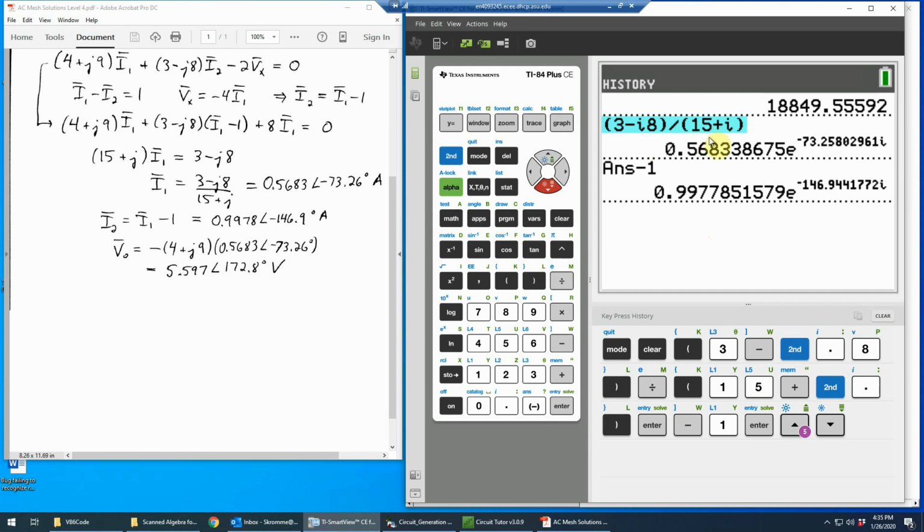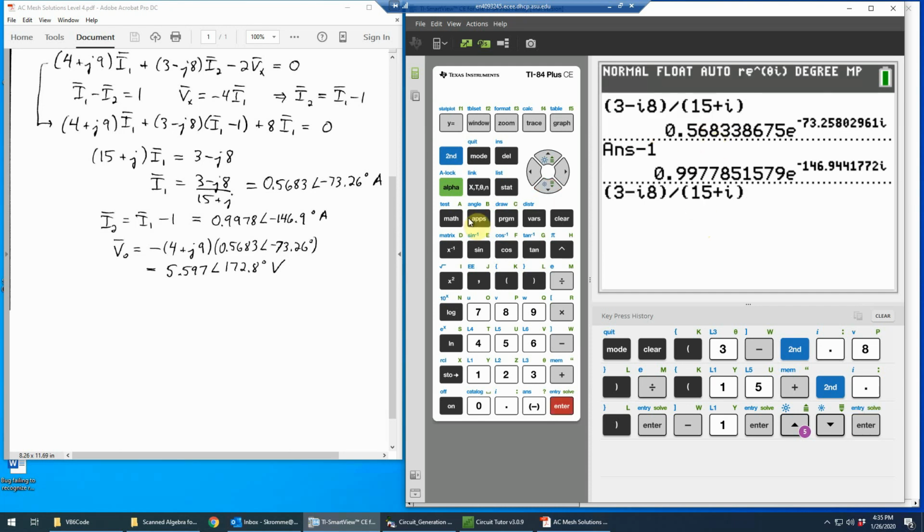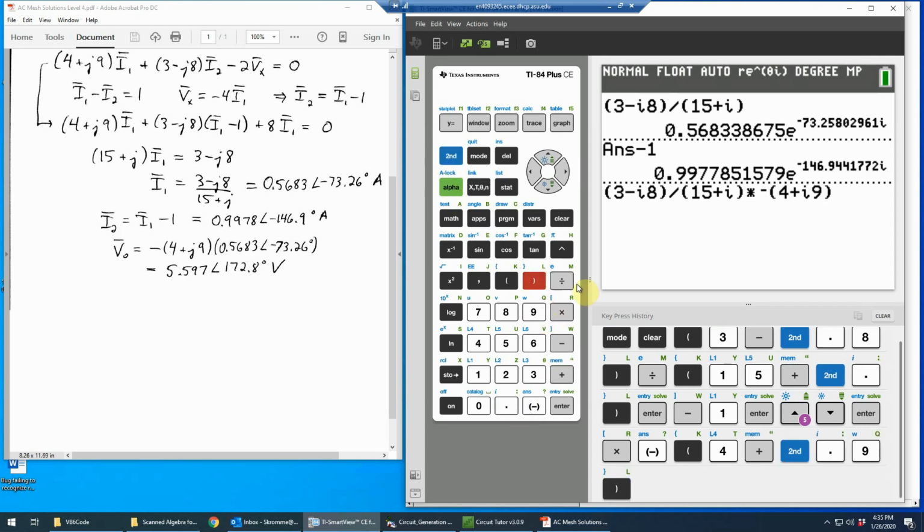But I can just do the expression because that'll still evaluate to the same number. And then multiply that by the negative parenthesis 4 plus j9. So 4 plus the i9. And it looks a little odd with that minus sign there, but that will work.